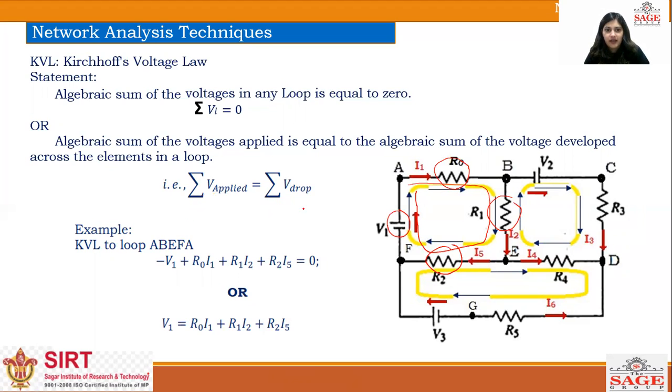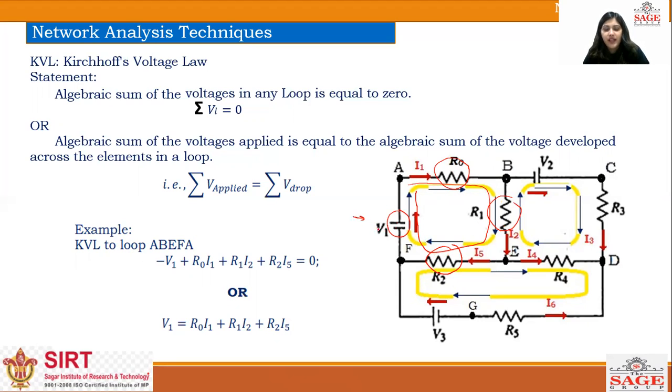If I take the applied voltage in this particular loop, that is A, B, E, and F, here we have one loop, and we have V1 as the applied voltage, and three elements. Those are passive elements. So the applied voltage is V1 and there are three passive elements.